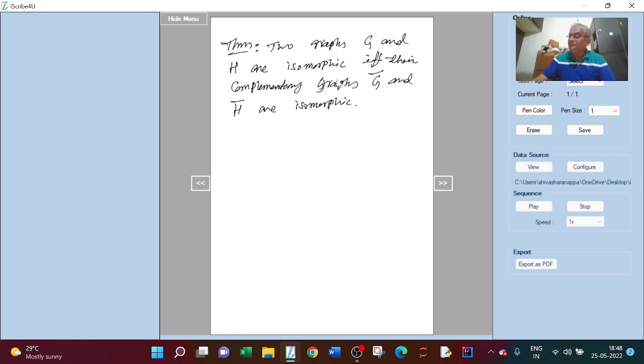So G and H are isomorphic if and only if G bar and H bar are isomorphic. G bar and H bar are the complementary graphs of G and H respectively.